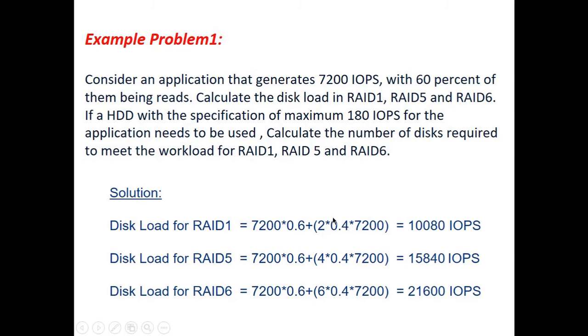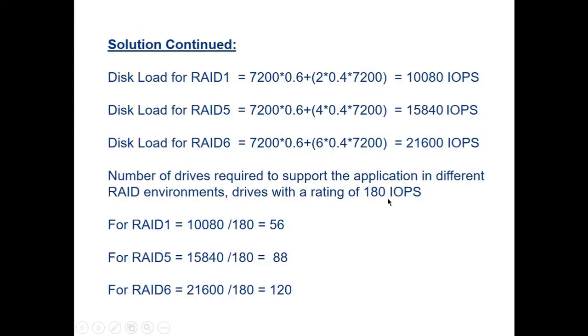So 2 into 0.4 into 7200. This is the disk load for read operation and this is the disk load for the write operation. The sum of both these disk loads will give us the total disk load, which is 10,080 IOPS. For RAID 1, the number of disks that is required is the IOPS for RAID 1 divided by 180. So that is 56 hard disk drives are required.